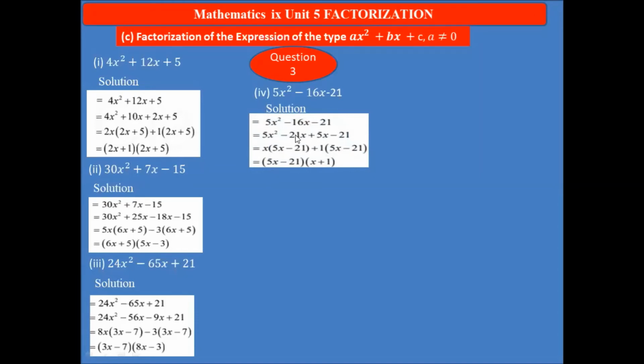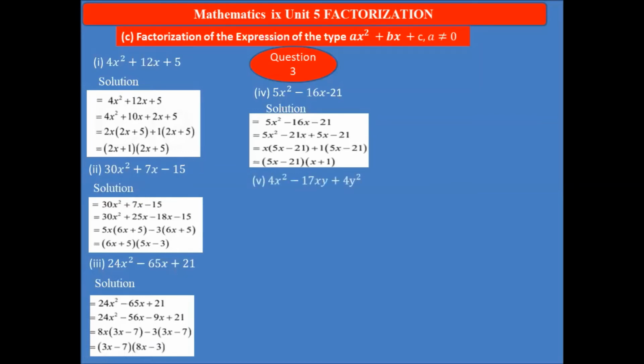So from the first two terms we can take x as a common factor, 5x minus 21, and from the last two terms we can take 1 as a common factor. So 5x minus 21 is common. So we can take 5x minus 21 as a common factor, and we are left with x plus 1. So the factorization of the fourth term is 5x minus 21 and x plus 1.